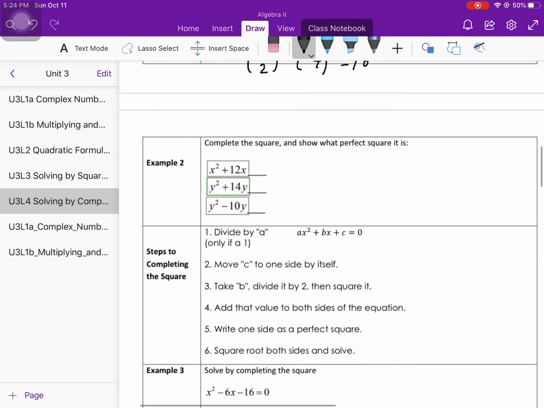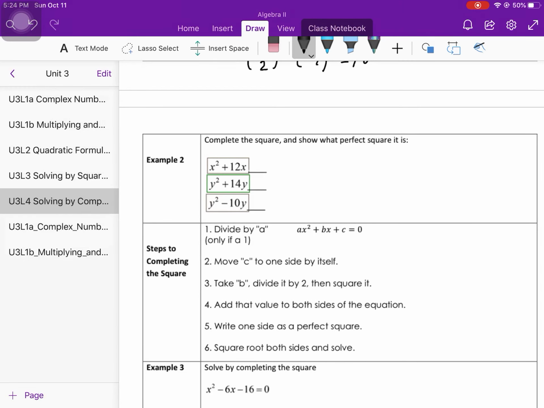All right, so now let's keep practicing that a little bit more. Complete the square and show what the perfect square is. So x squared plus 12x, and this is going to be plus a number. It's always going to be plus a number if we do it correctly for the second part of it.